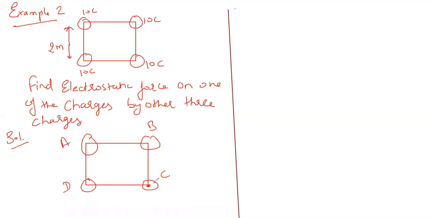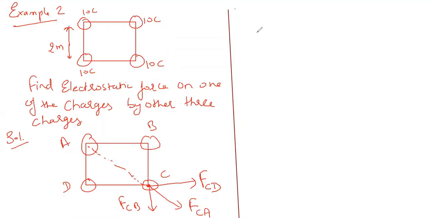So let us say we are taking C, then we can easily see here this D will apply force on C. So this force will be named as force on C due to D, and this B will apply force on C, and this force will be named as force on C due to B. Now here this A will also apply force, and this will be named as force on C due to A.